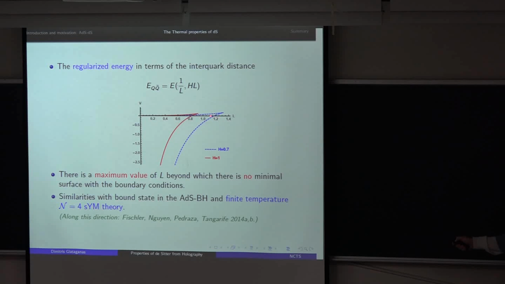These are the points where it crosses the zero potential, and when you cross the zero line, then you have a dissociation of the bound state. So you increase the temperature, you have easier dissociation. So everything is consistent as if you have a finite temperature field theory on flat space-time. Okay.